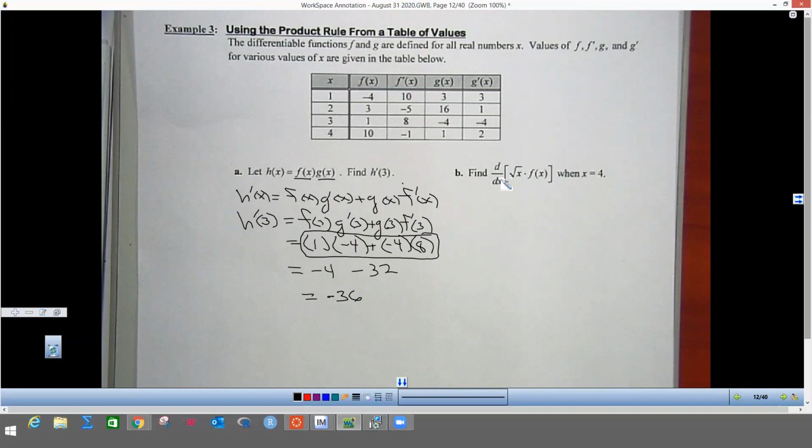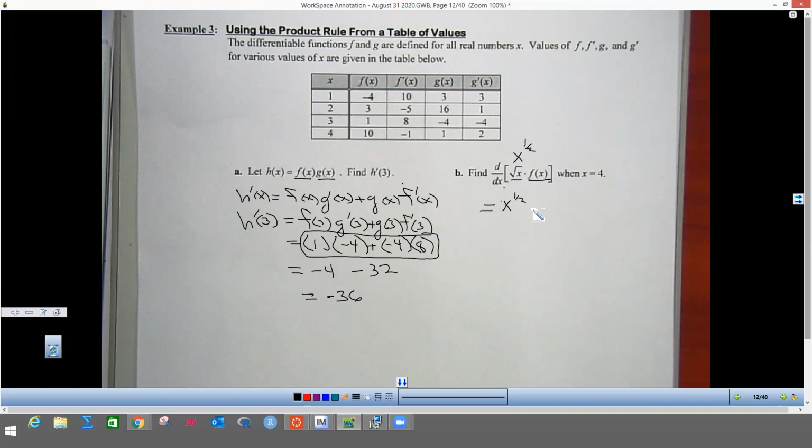Product rule again here. So we're doing the derivative of this first term and this second term with respect to x. So this thing right here is going to equal the first term. I'm going to write it as x to the half right now because I should be thinking of this as x to the half when I do a derivative.